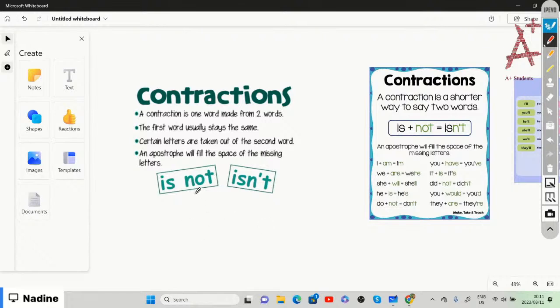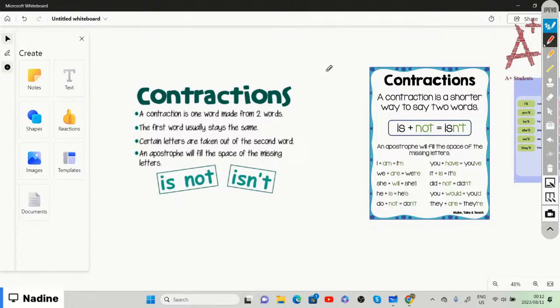So once again, a contraction is one word made from two words. The first word usually stays the same. Certain letters are then taken out of the second word, and an apostrophe will fill the space of the missing letters.